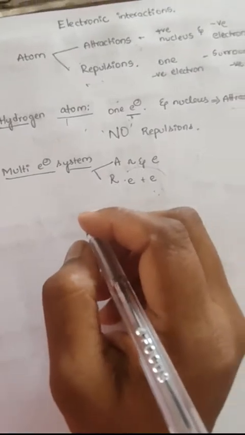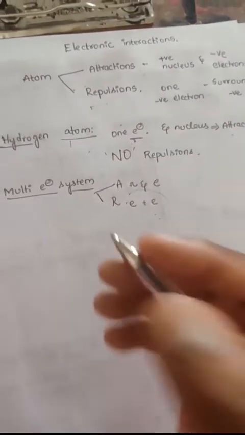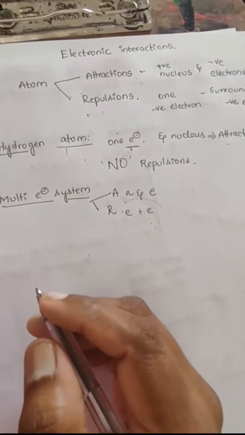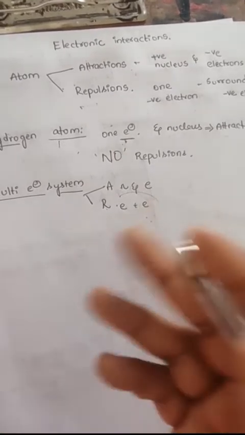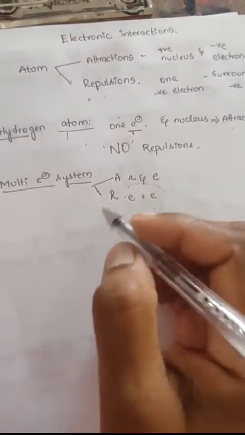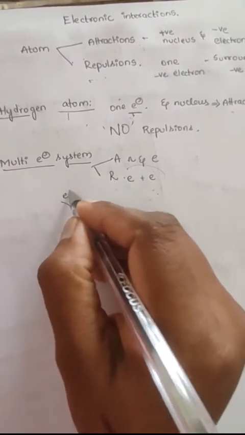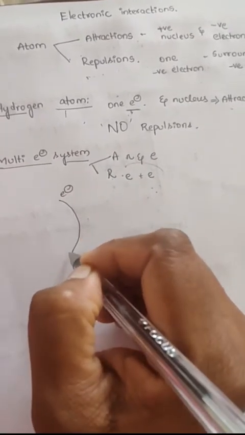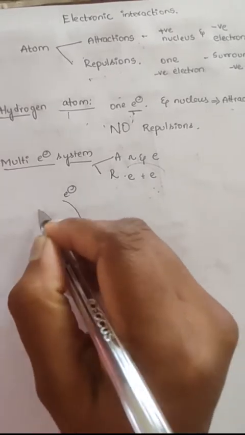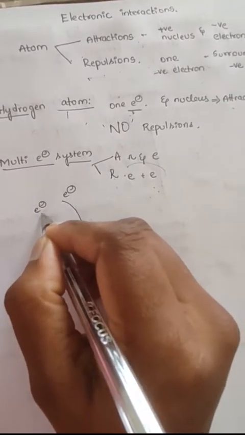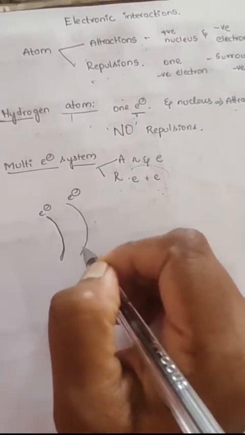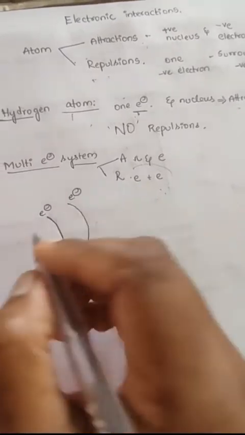Before heading into the topic, let's have a brief note on the shielding effect and effective nuclear charge. We all know that the electrons present in the outer subshell and the electrons present in the inner subshells are different from each other.